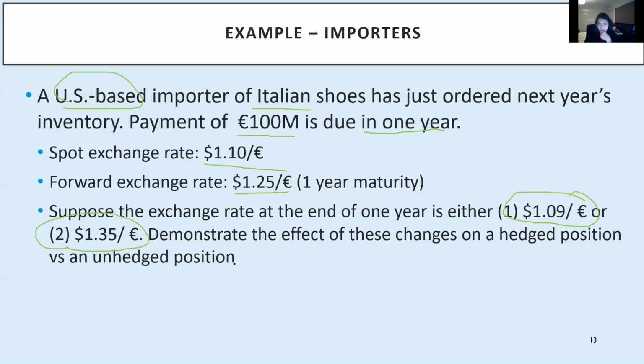So similar to before, I want you to think first about, number one, if I want to hedge, am I going to enter into a long or a short forward position? And second, analyze the outcome of the hedged and the unhedged position for each of these scenarios.